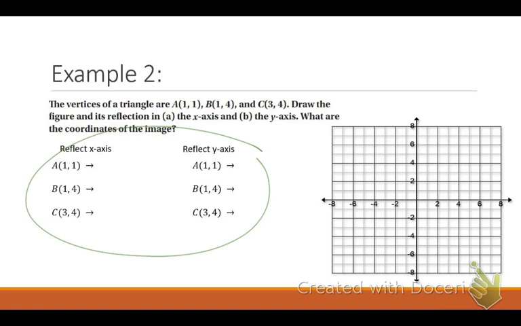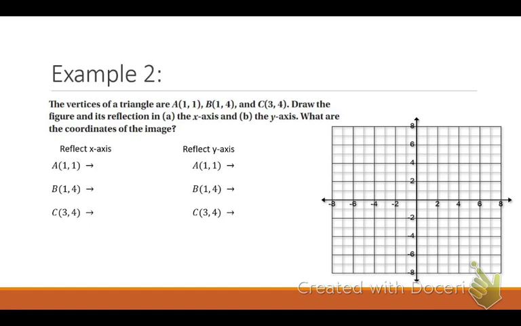If you don't have your graph set up completely yet, that's okay. Let's focus now on reflecting our ordered pairs in the x-axis. Remember what we said in that first slide we went over. If we're reflecting across x, we do the opposite of the y value.